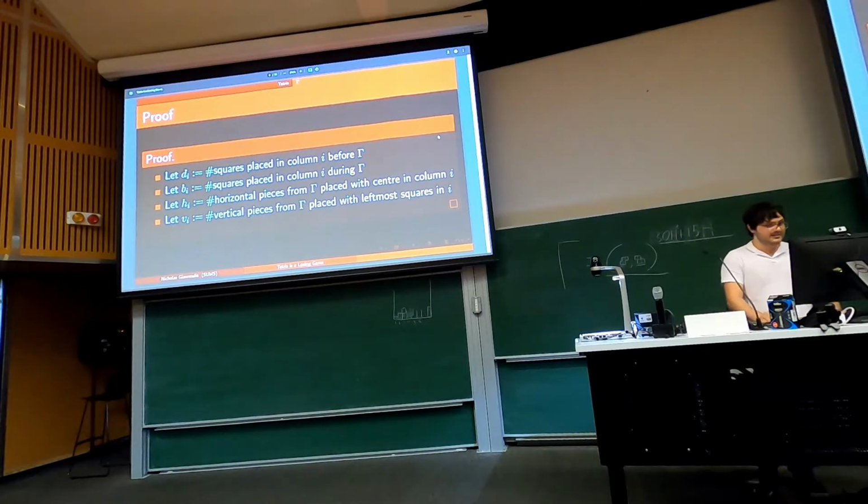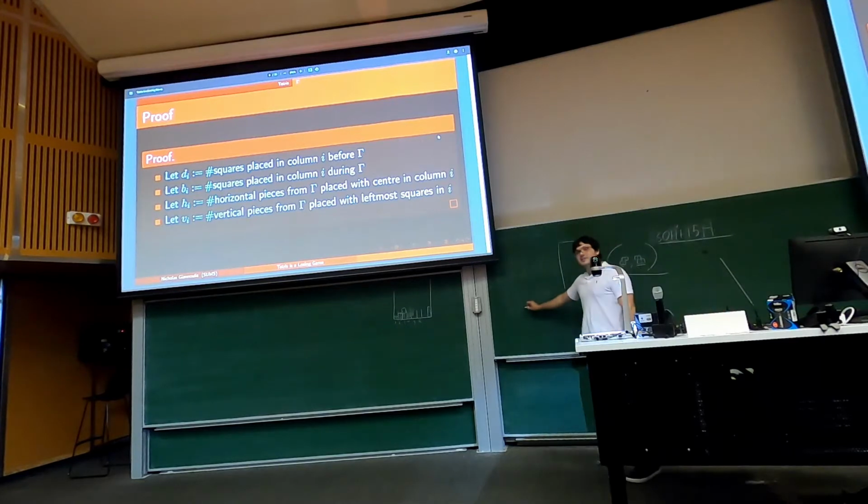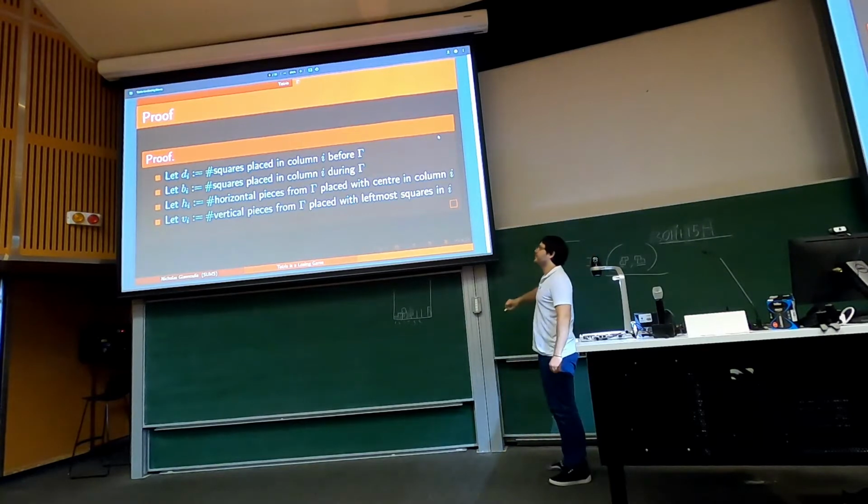So we will let d_i be the number of squares placed in column i before gamma. What I mean by that is that the game is played, and at some point we reach the sequence gamma. If you look at the state of the board, assuming the game hasn't ended, you're looking at some number of squares in each column. We don't care how they're distributed, or if there are holes. We just want to know how many squares there are in each column, and that's going to be d_i.